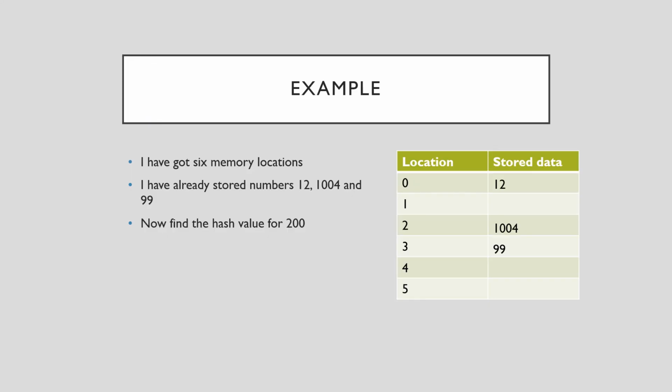So let's look at an example. Here, as before, I've got 6 memory locations, and I've already stored the numbers 12, 1004 and 99. Now let's say I wanted to store the number 200. 200 divided by 6 is 33 remainder 2. So that should go into location 2 in the hash table.